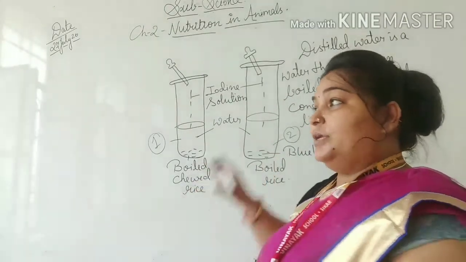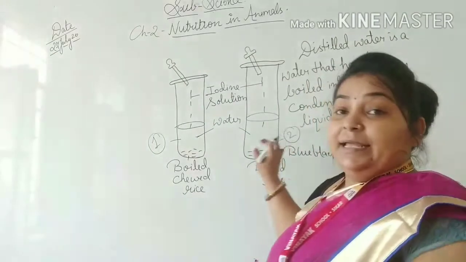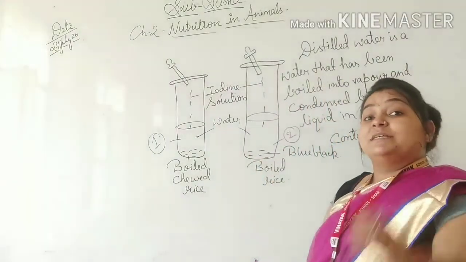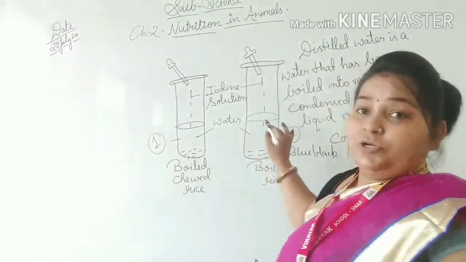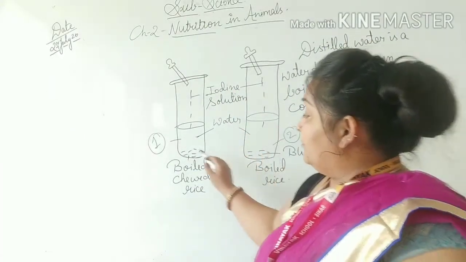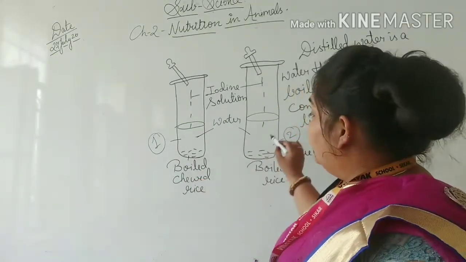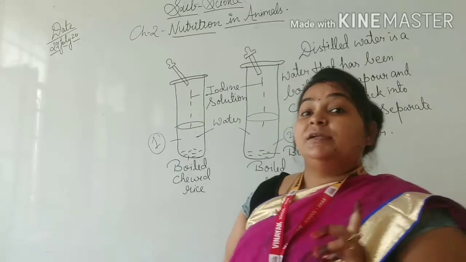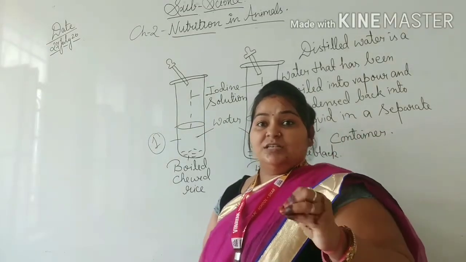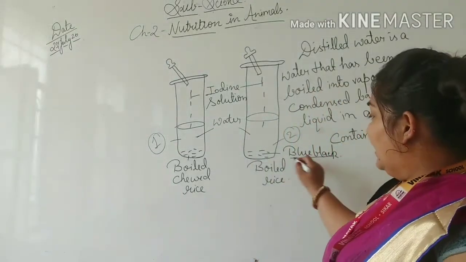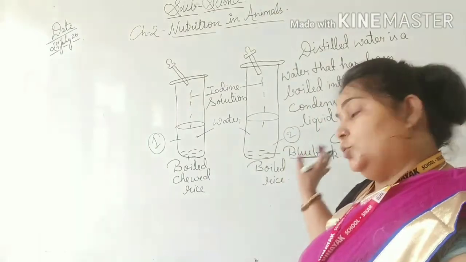Previously, the rice which we boiled and just kept in the test tube, in that one, starch was present within the boiled rice. So after pouring iodine solution, we observe that with the chewed boiled rice, no changes occur, and we know that if we pour iodine solution over starch, it will turn blue black. So as the boiled rice has starch, it turns blue black.